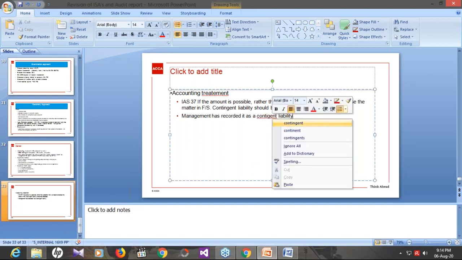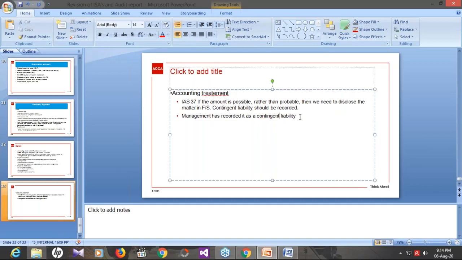So we should conclude that there is no misstatement here because management has performed the right treatment. If there is no misstatement, we cannot modify our report.